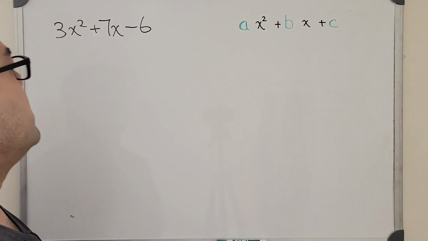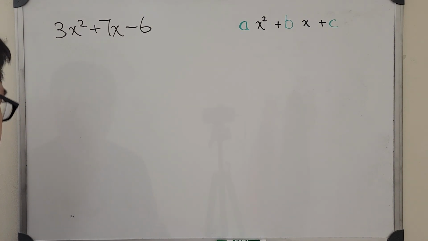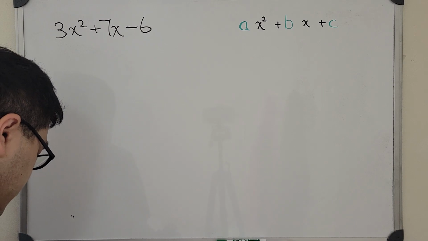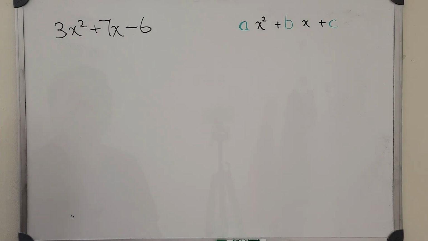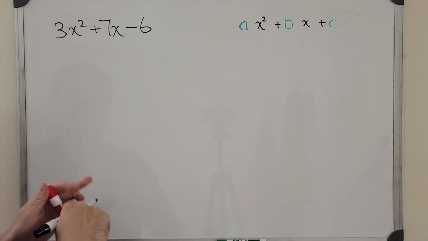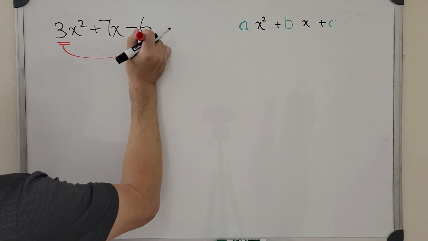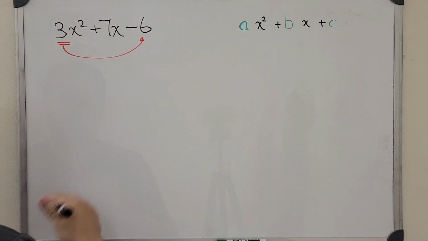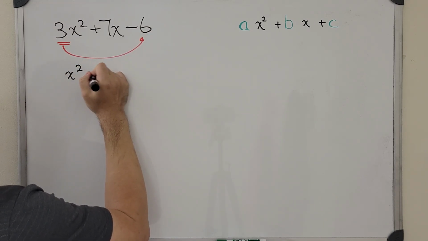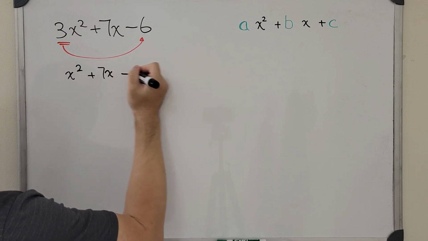Here is an example. If we have 3x squared plus 7x minus 6, we can first use the sliding method by bringing the 3, the leading coefficient, to the constant term based on how we use the sliding method.